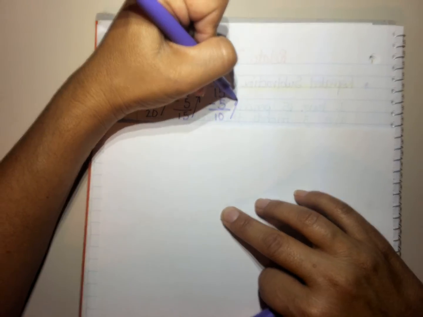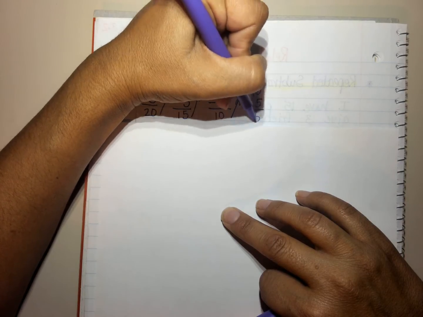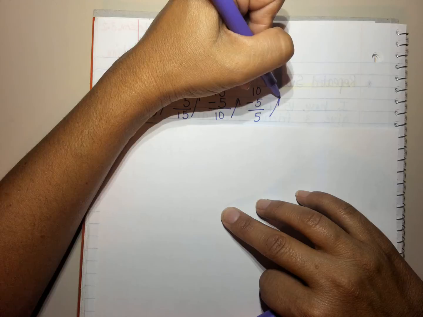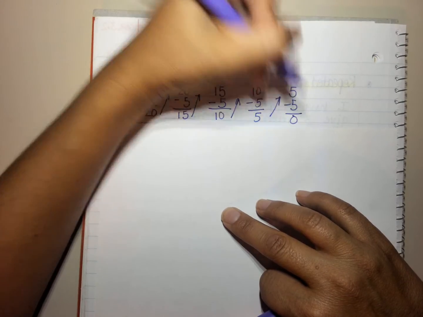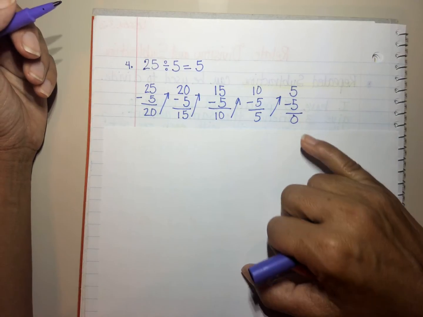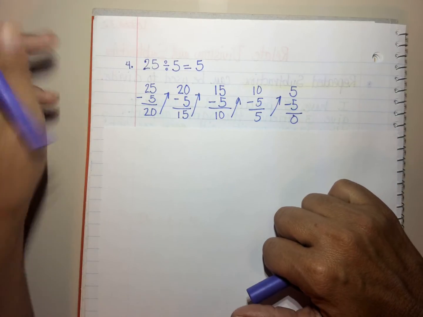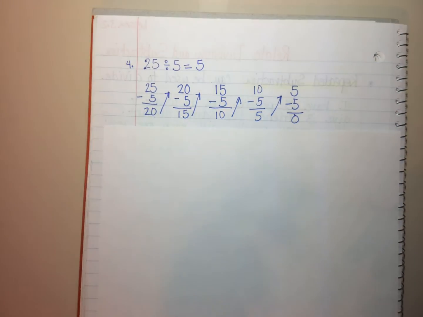Got 10. Subtract 5. You've got 5 minus 5. Always want to get to 0. You know you did it right if you get to 0. And we did that 1, 2, 3, 4, 5 times. That's how we got the quotient.